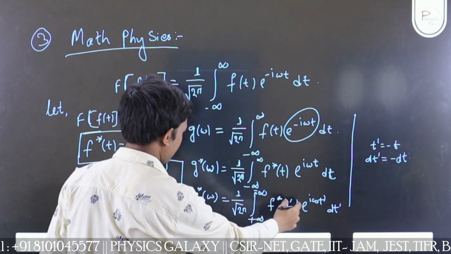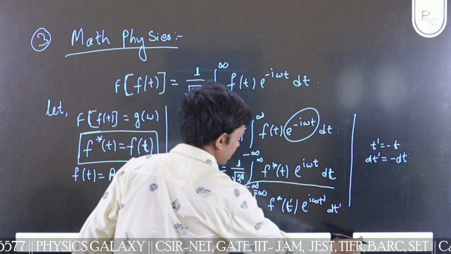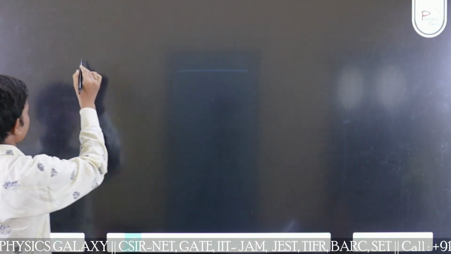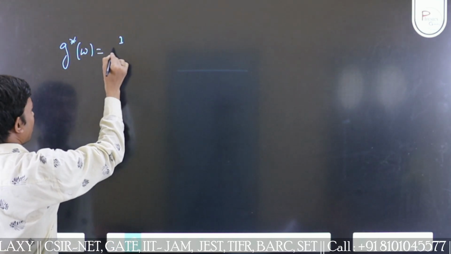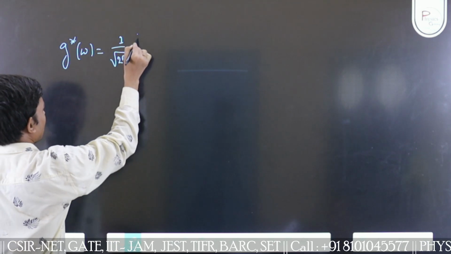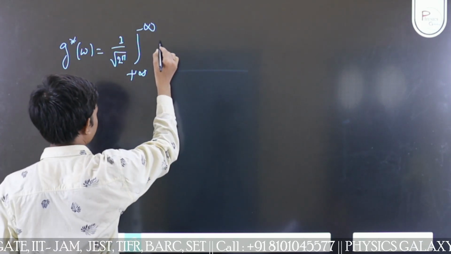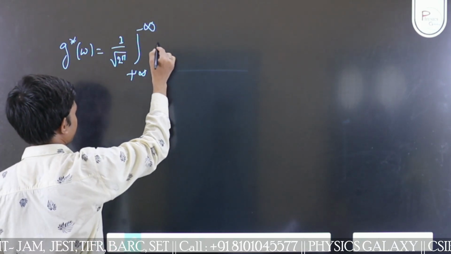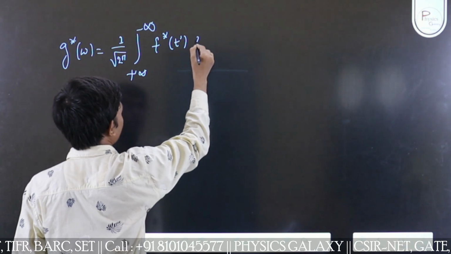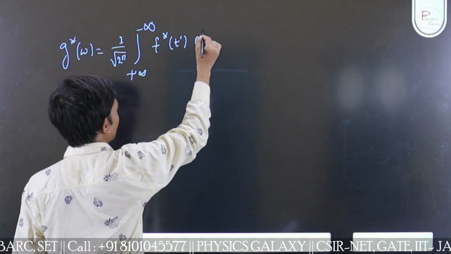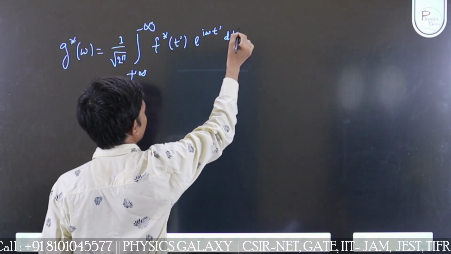I write the other form in t prime, then express it as a form of t. The upper limit will be minus infinity, f star t prime and e to the power iota omega t prime and dt prime.